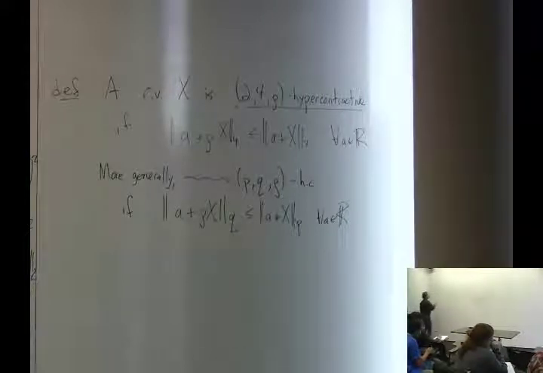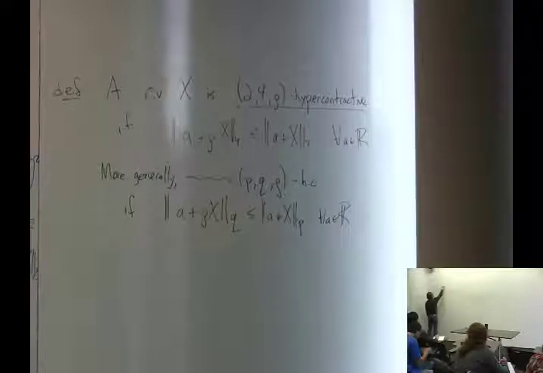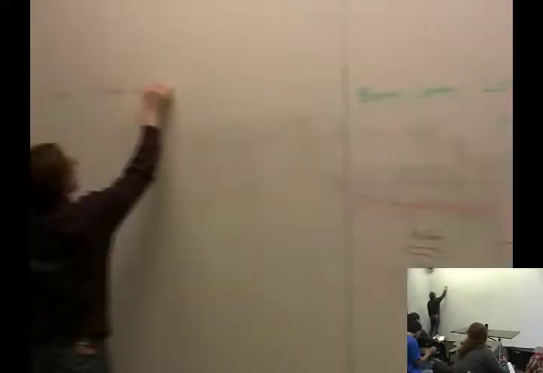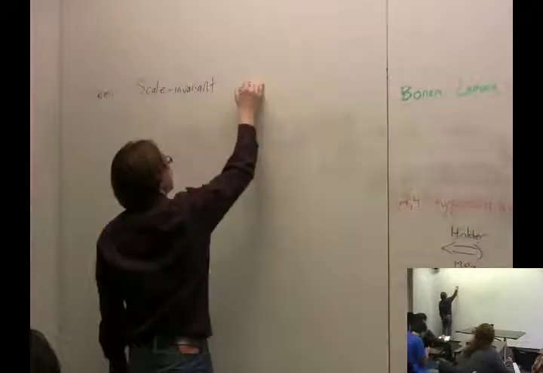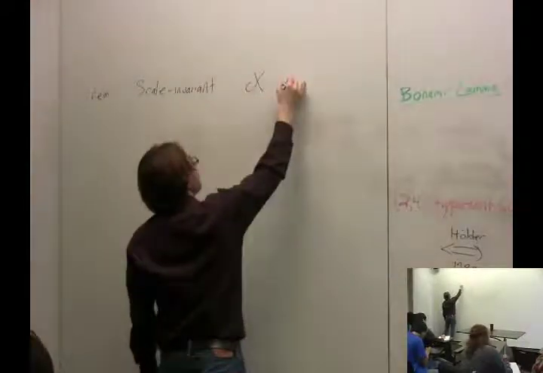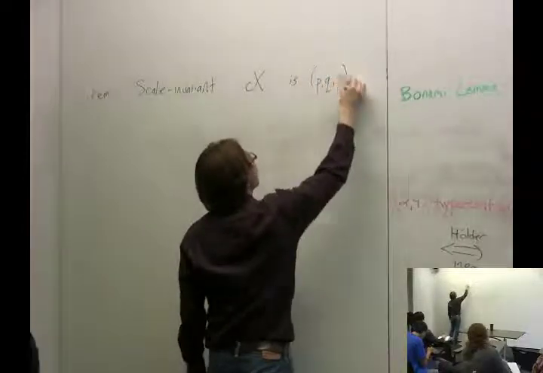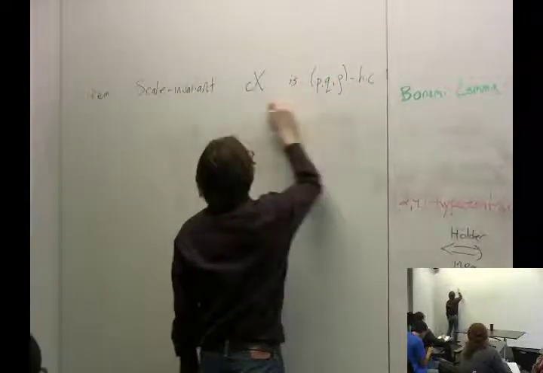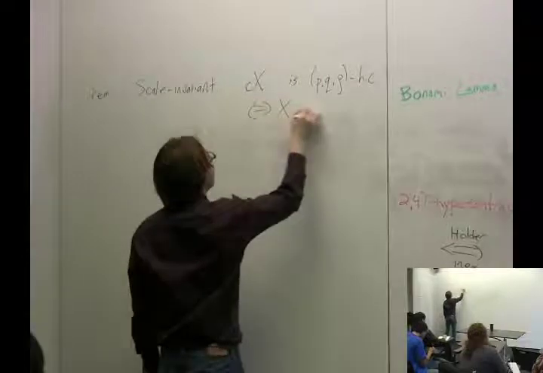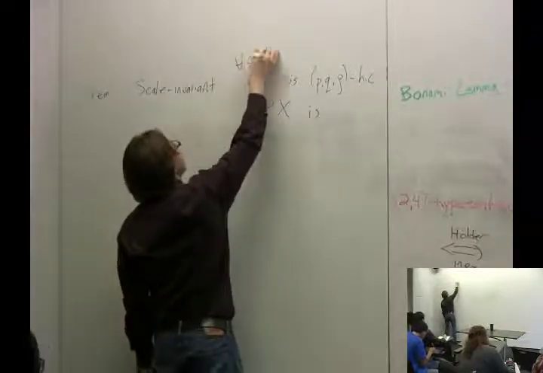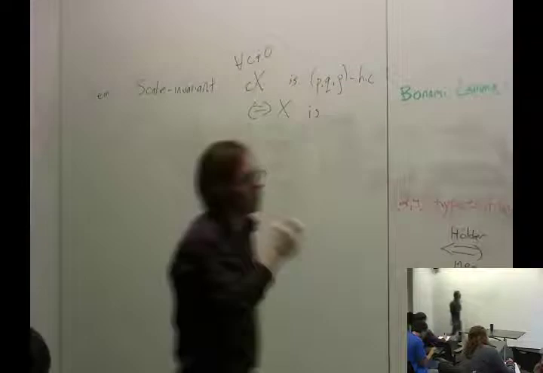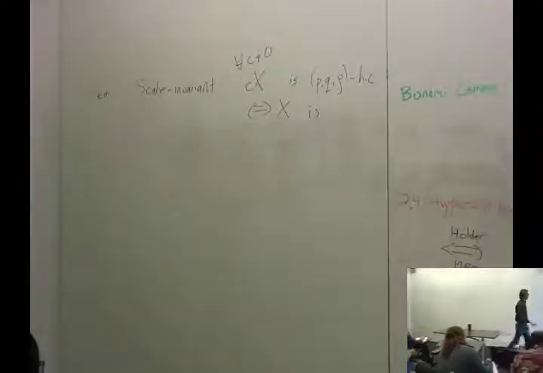Okay, so let me make some small comments about this. First of all, this definition is scale invariant, in the sense that if you take a random variable and multiply it by a constant, it doesn't change whether or not it's hypercontractive. That's for all non-zero c. And that's easy to see because you have this for all a in here.